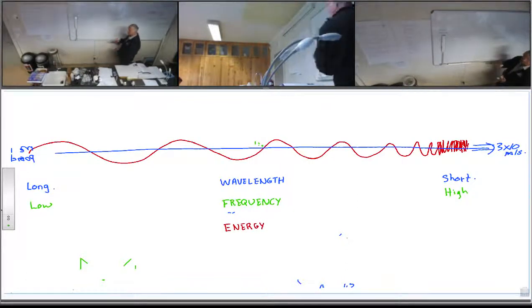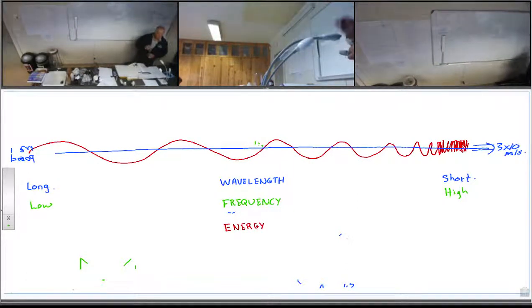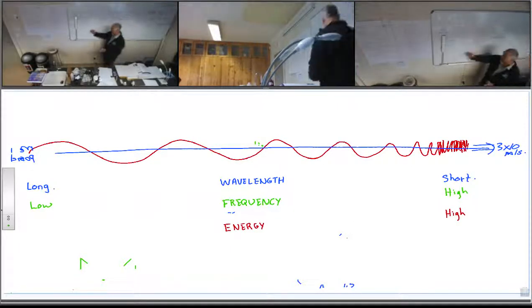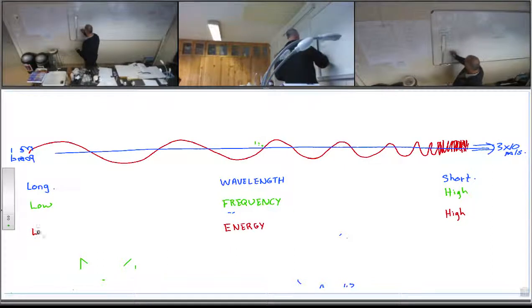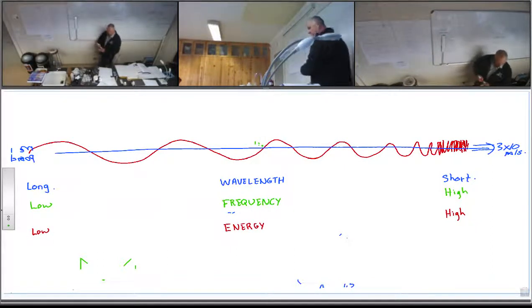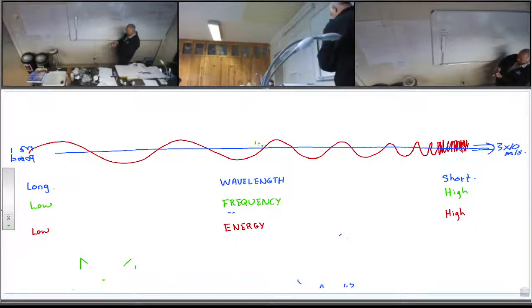Which part of the wave's got a high energy? Why? That has a high energy, and I'll tell you why in a moment. And this has got a low energy. And if we put in another heading, velocity.